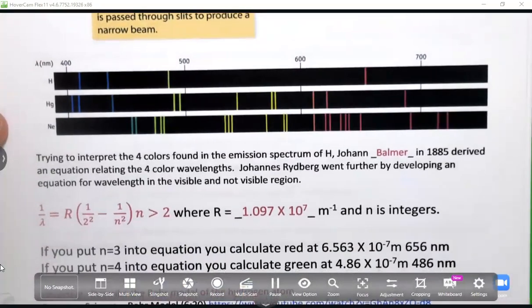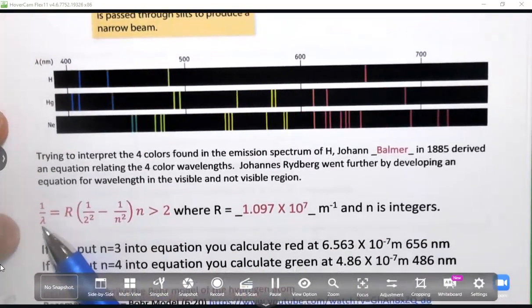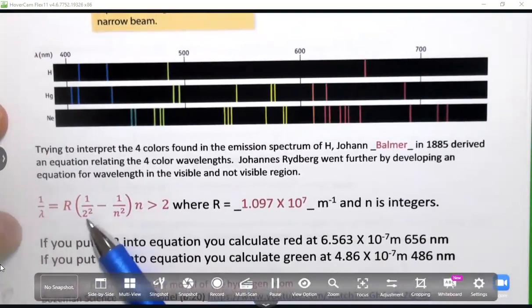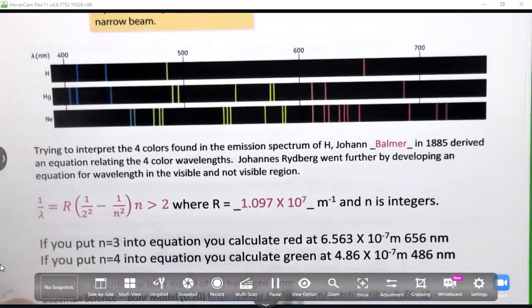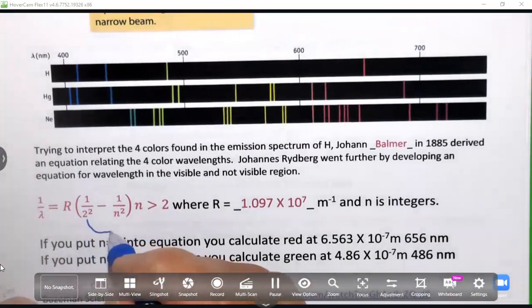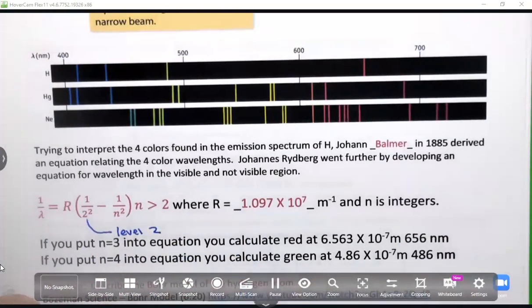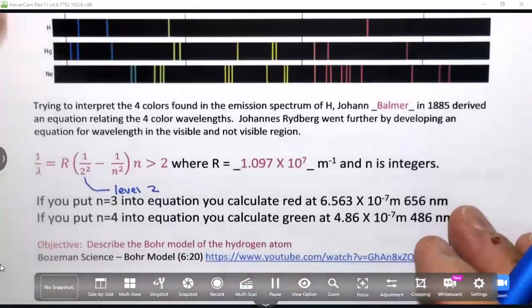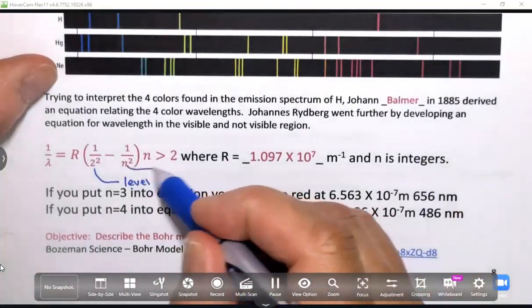Notice that this is our wavelength. This is the energy levels. Notice this drops back down to energy level 2. This is our higher energy level.